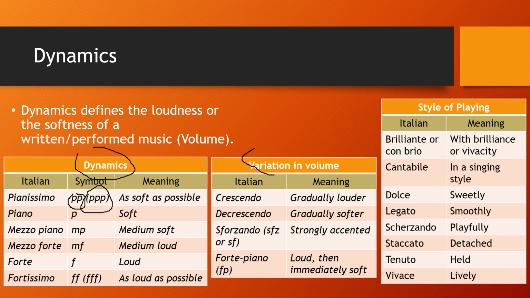Variation in volume. We have the crescendo, gradually louder, decrescendo, gradually softer, and the rest of it all. Then we have the style of playing. The brillante or the con brio, with brilliance or vivacity, and the rest of it all.